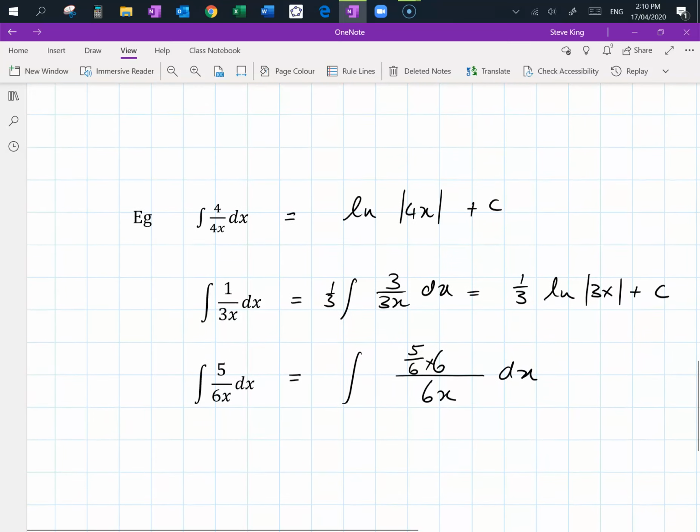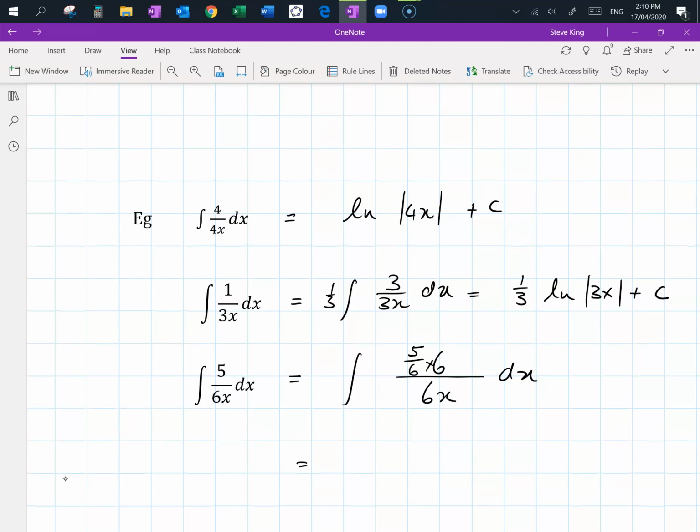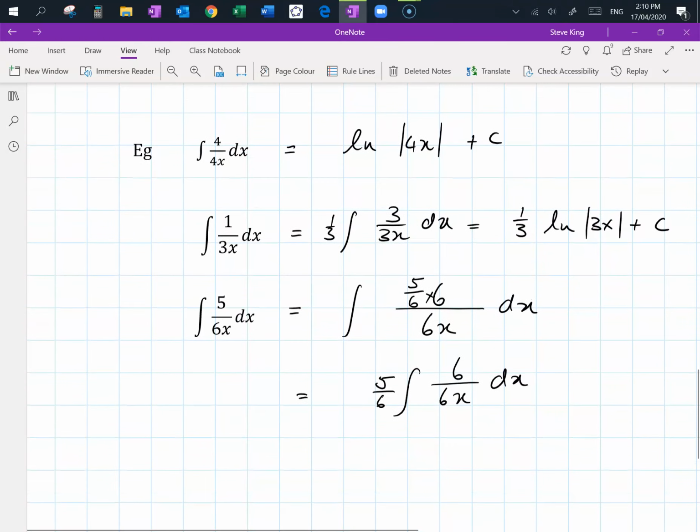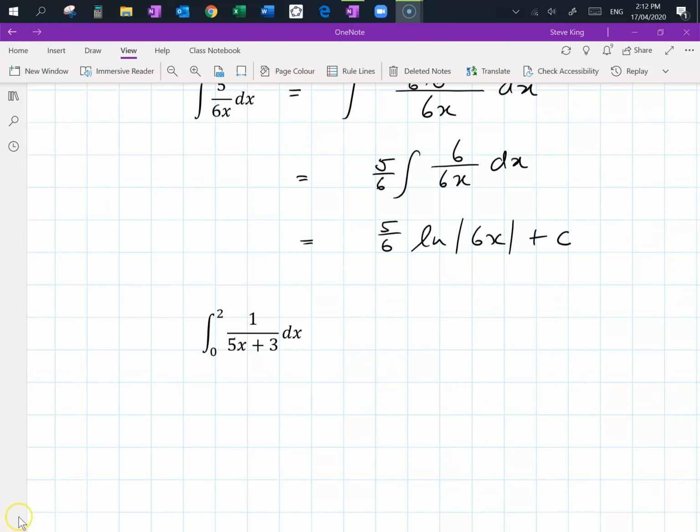So I use that little manipulation. I take that out in front of the integral, and I'm now going to say this is the integral of 6 over 6x dx, and that means I'm able to get to my answer of 5/6 natural log of 6x plus c.